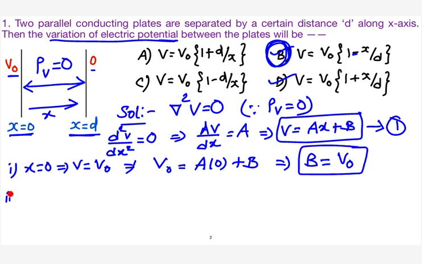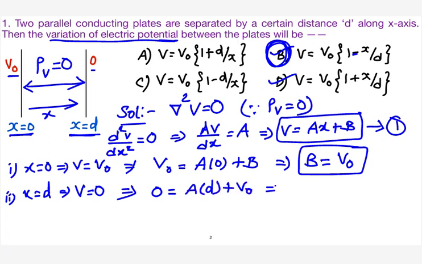The second condition, at x equal to d, the potential is 0. So 0 is equal to a into d plus the value of b you already got, V naught. So what is the value of a you are going to get? Minus V naught by d.